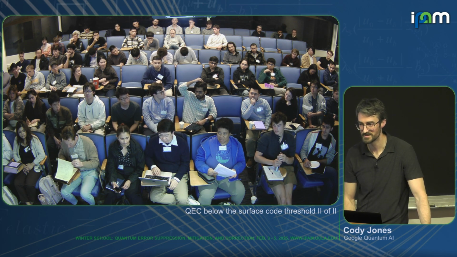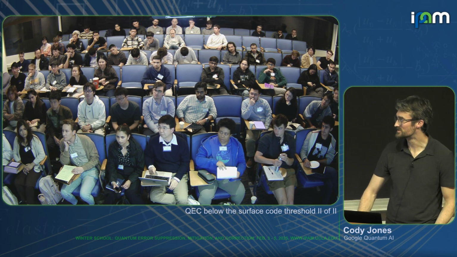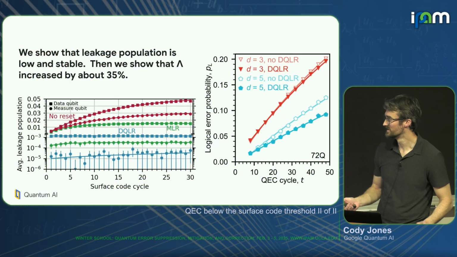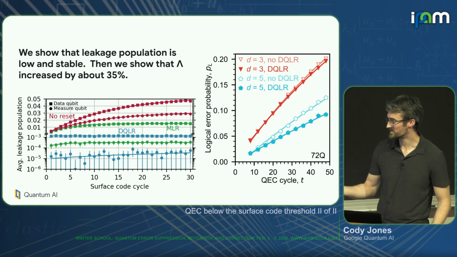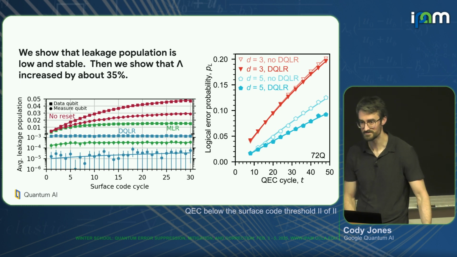Yeah, the value of lambda increased, right? Okay. So two different ways of comparing this. First is by directly measuring leakage populations and showing that leakage is going down. And second is by running an error correction experiment, showing that leakage removal is beneficial.